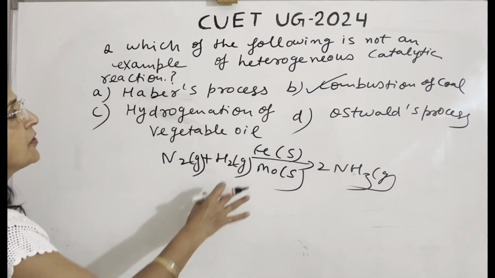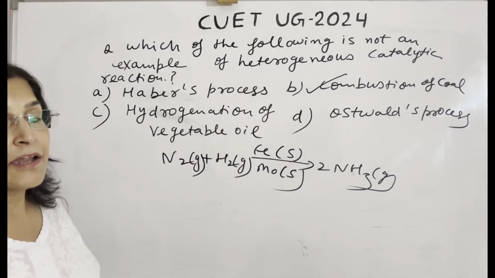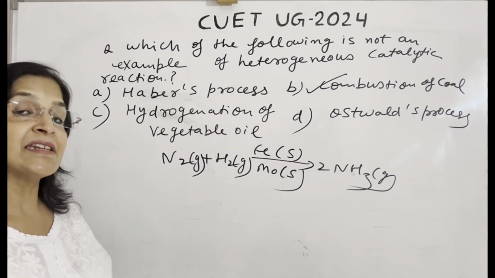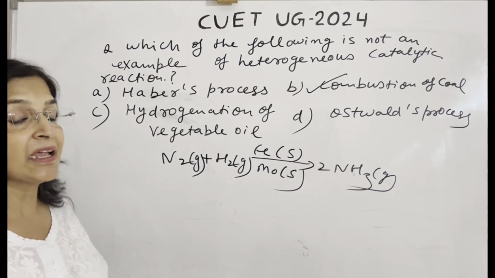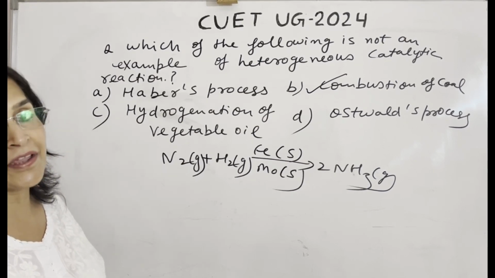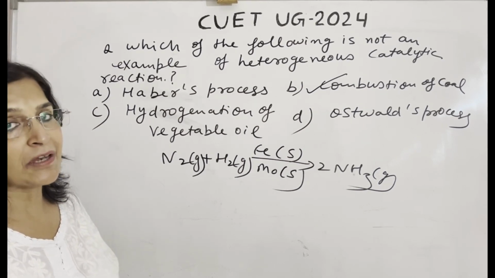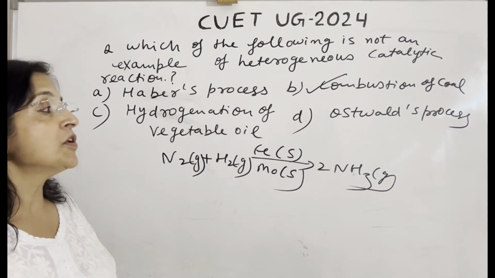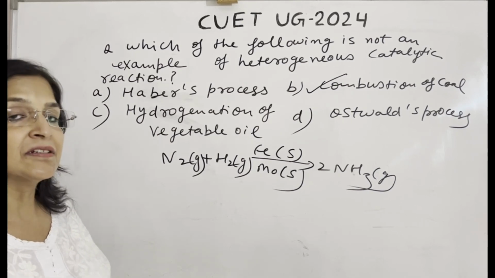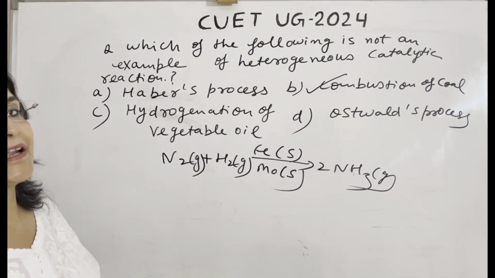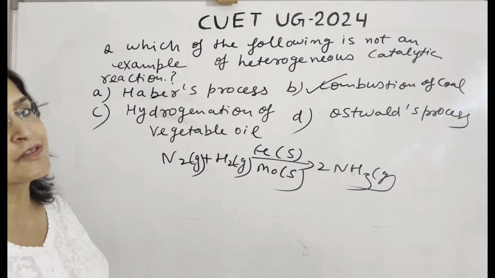This is an example of heterogeneous catalytic reactions. Hydrogenation of vegetable oil is done in the presence of catalyst nickel. Nickel is in solid state and vegetable oil is in liquid form. In the Ostwald process, which is used to manufacture nitric acid, ammonia is treated with oxygen in the presence of vanadium pentoxide. Vanadium pentoxide is in solid state.